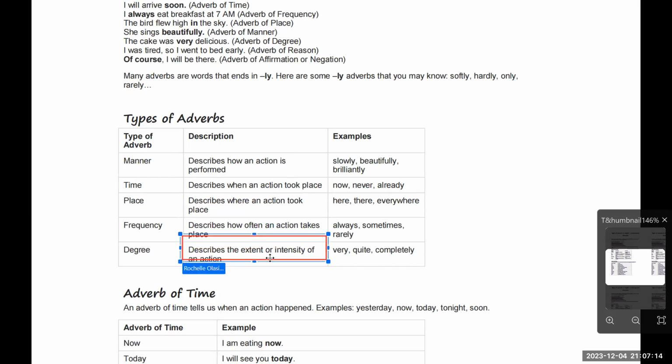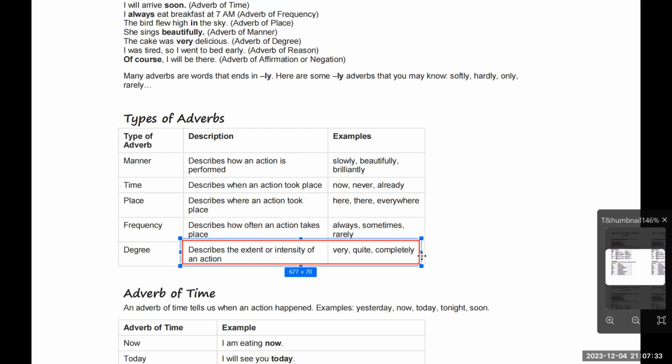And then this one, degree. It was not part of the photo. But here, degree is: describes the extent or intensity of an action. So there's an example here. For example, here, please read.